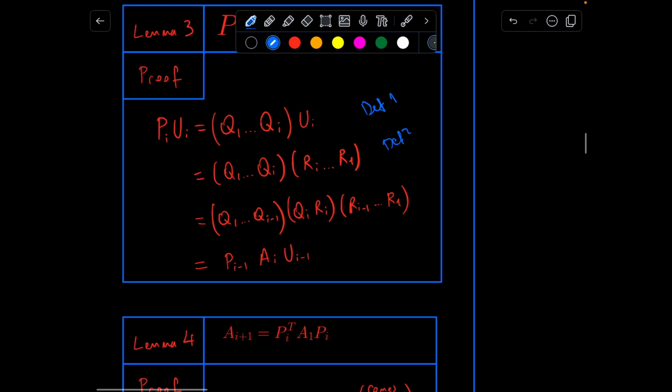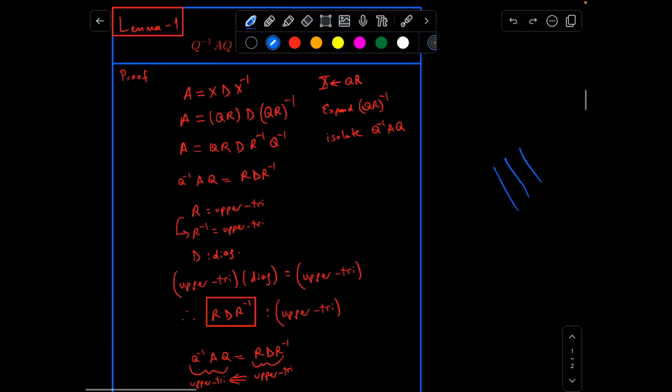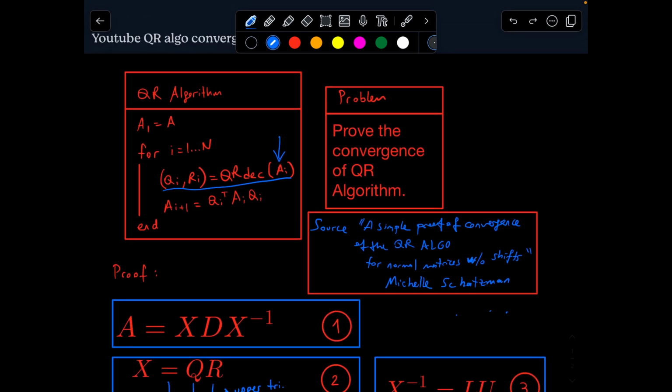Doing a simple manipulation, we factorize this right hand side such that we have Q_i and R_i, based on the definition, which comes from the expression stated in the algorithm here, right?